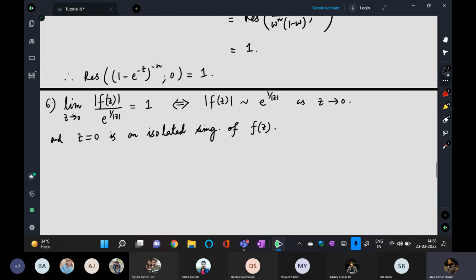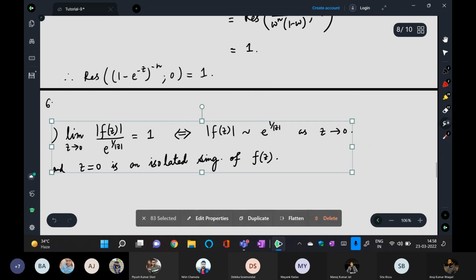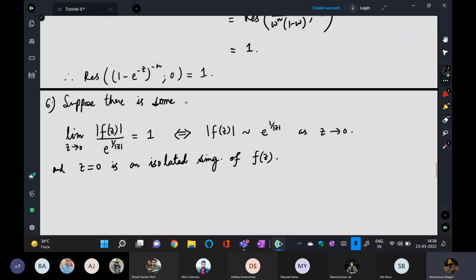Is there a holomorphic function f on this such that this limit is 1? So suppose, what is my assumption is, suppose there is some holomorphic function, analytic, what was the given?